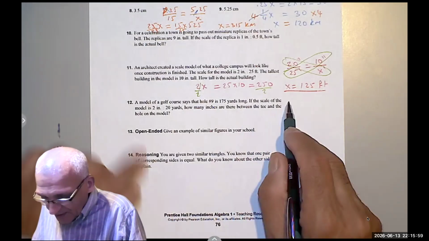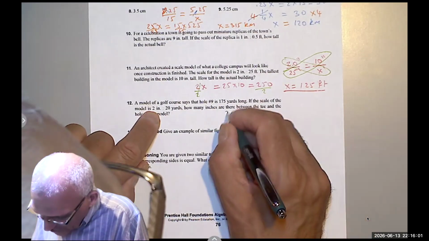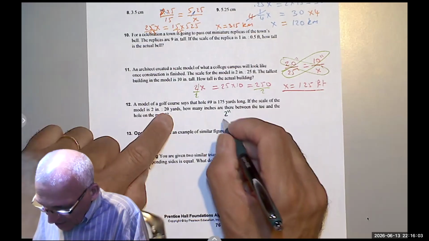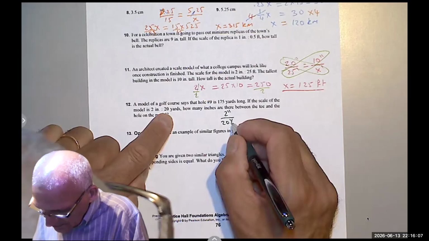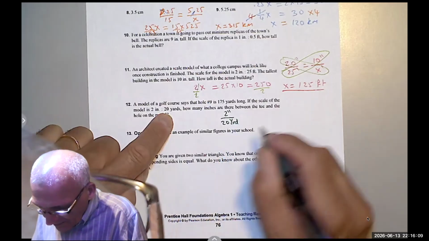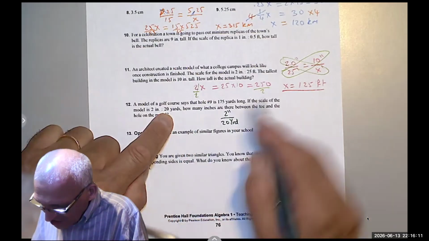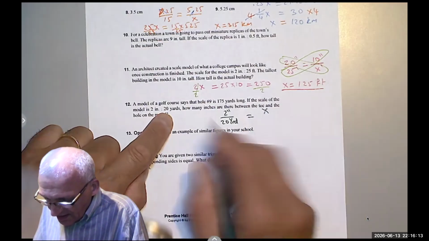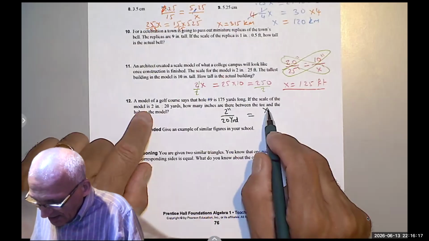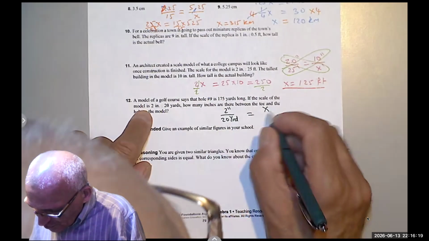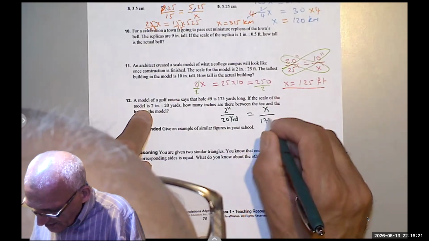If the scale of the model is 2 inches, again, 2 inches is equivalent to 20 yards. How many inches, so x now is how many inches in the model, is equivalent to 175 yards?